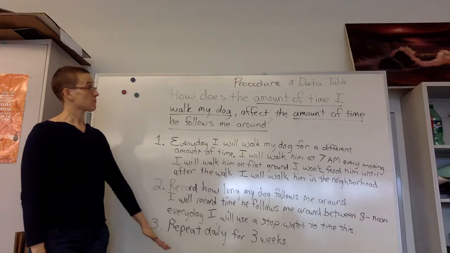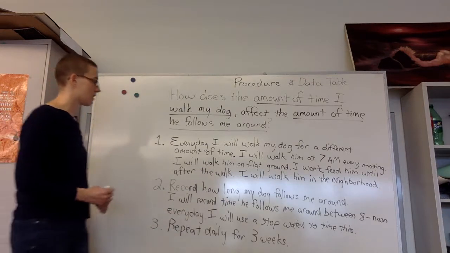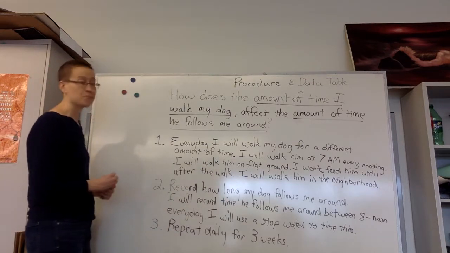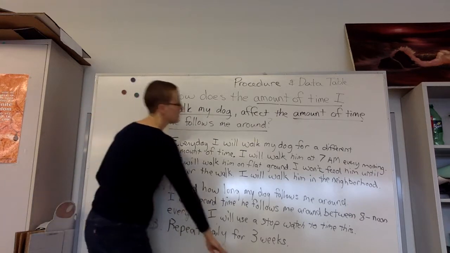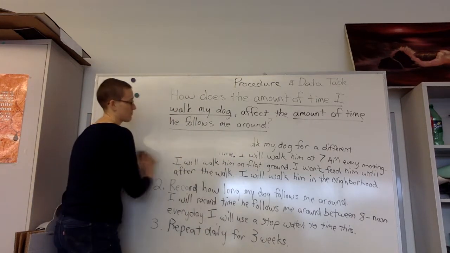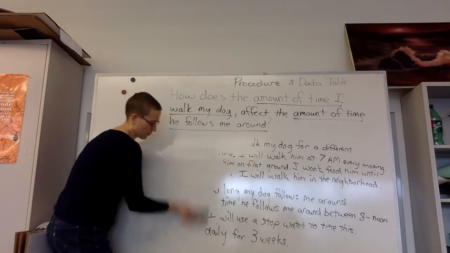So that's your procedure. Once you write your procedure, you need to also write up a data table to go with that. And your data table is going to record the information that you need to record as you're doing your experiment.